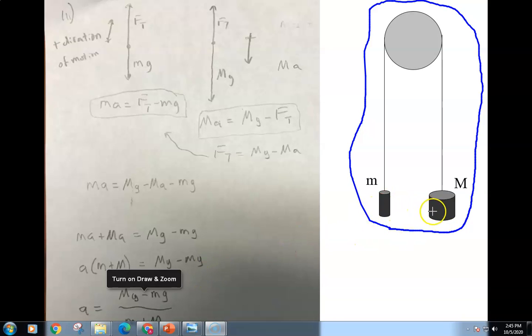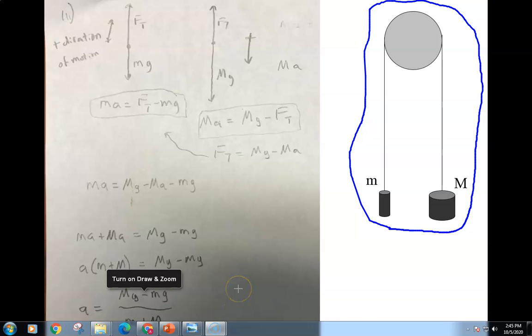So the forces that are going to cause it to speed up are positive, basically. That's really how it works. The forces that cause it to speed up, which is big mg. The forces that are going to cause it to slow down, opposite that it's going to accelerate, we subtract. So that's little mg. And then you divide by the total mass. So little m plus big M.